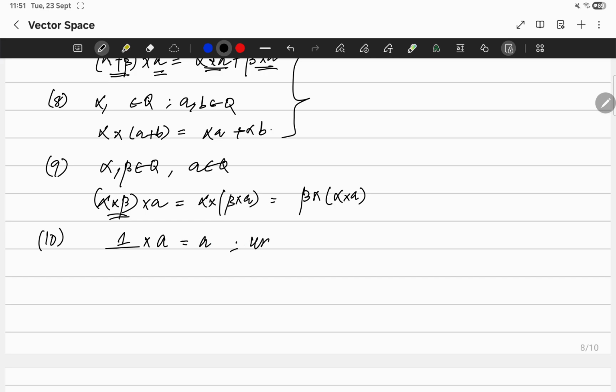So the unit 1 is in Q, which means that Q over Q with usual addition and usual multiplication is a vector space.